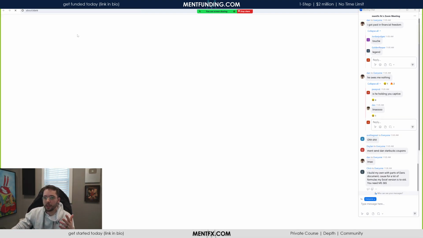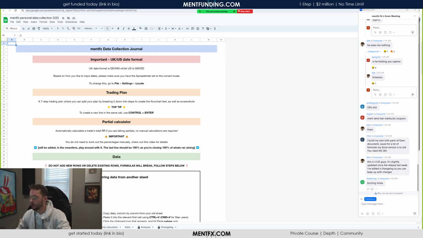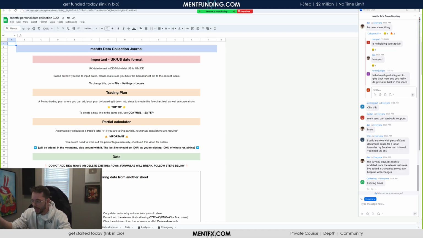So once you've made a copy, you now have a very powerful data collection sheet at your fingertips, and you have it forever. It'll be stored for you forever, and you can go ahead and edit it, which is an amazing thing because you don't have to pay a single dime to have it, which means you can consistently add to it, and even better, you can add personal things that you deem important, which is huge. A lot of data out there forces you to be specified within one little area.